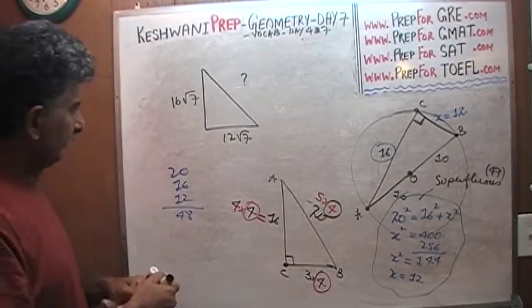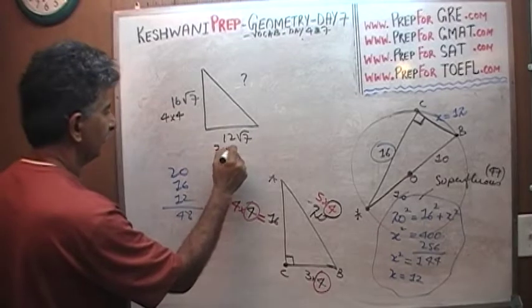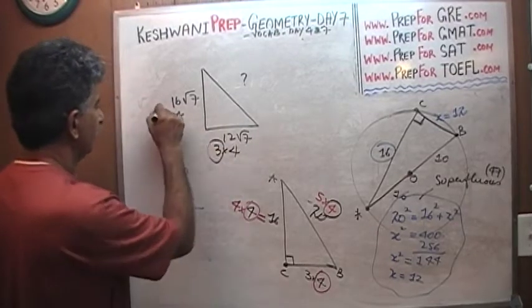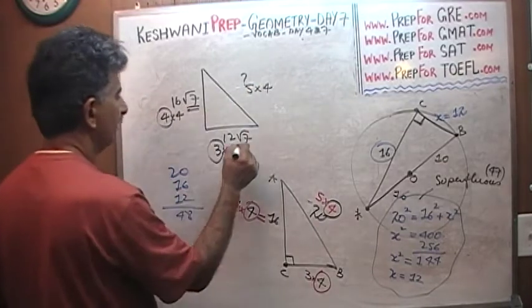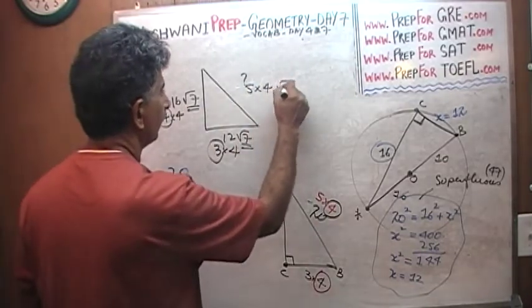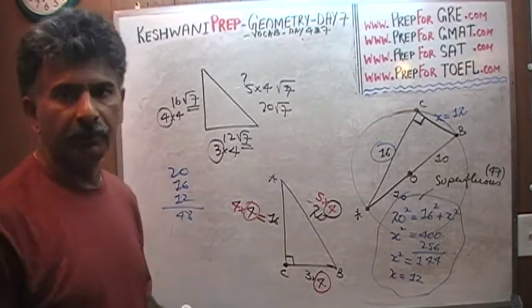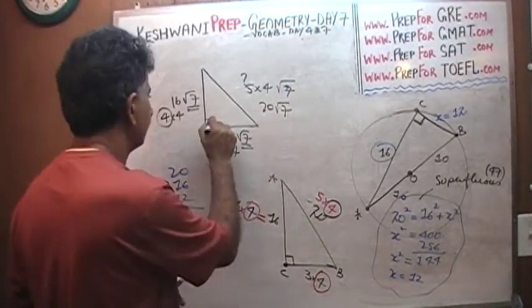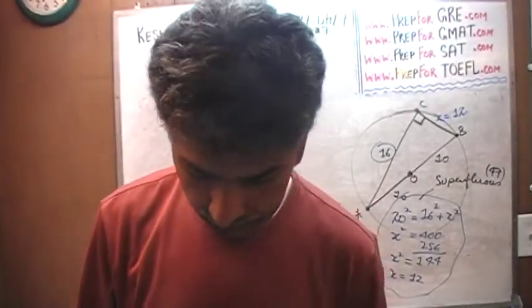Well, 16 times root 7 is just 4 times 4, and this is 3 times 4. Here's my 3, here's my 4, so I need 5 times 4, and then there is a root 7. So there is your answer. It's 20 times root 7, whatever that quantity happens to be. That's your hypotenuse right there. That's how quick and simple it is.